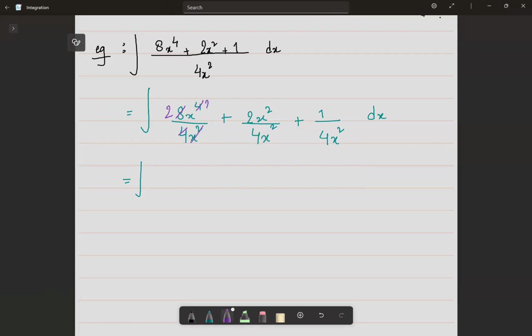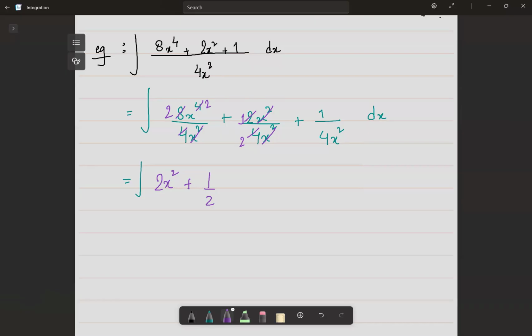Here the power of 2 will stay. For 2 and 4, 2 will stay in the denominator and x square will get cancelled out. So we have 2x square in here. From the next term, we have half only, because this 2 is in the denominator. If you have nothing in the numerator, you have 1. So you have 1 by 2, half only, and the x squares get cancelled out.